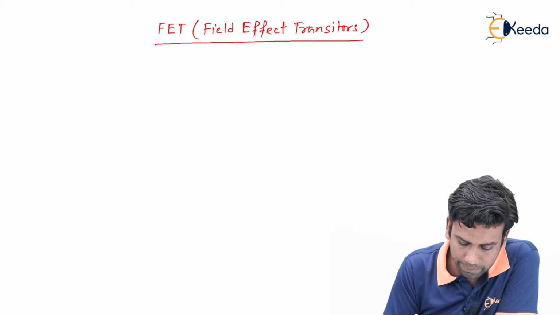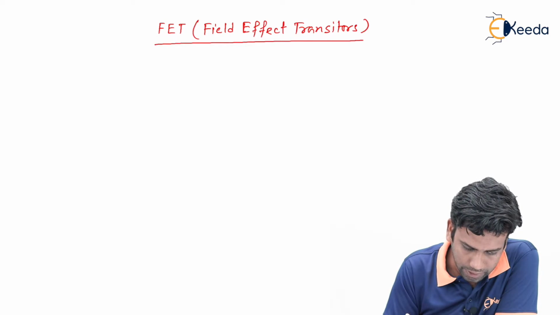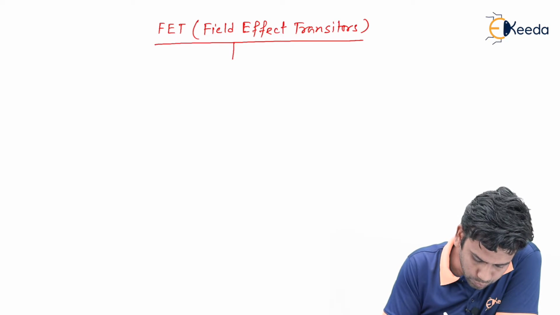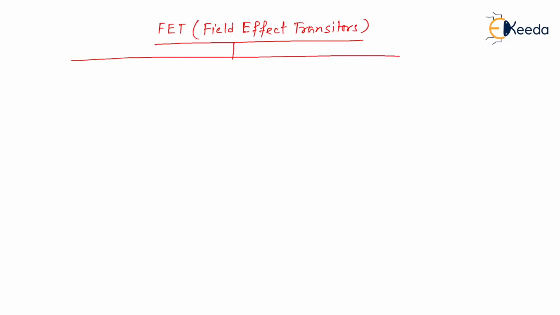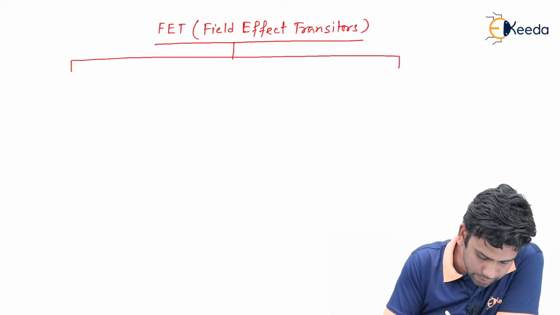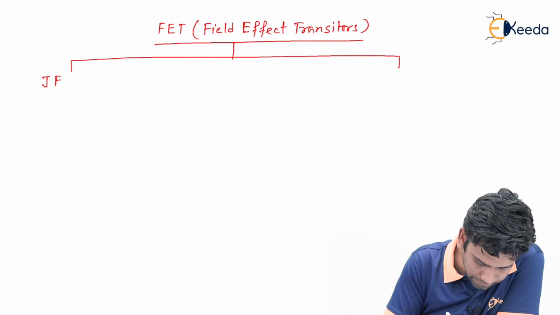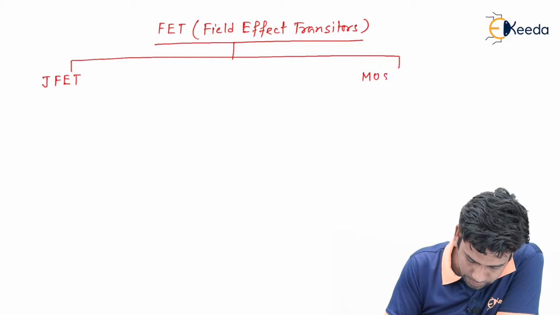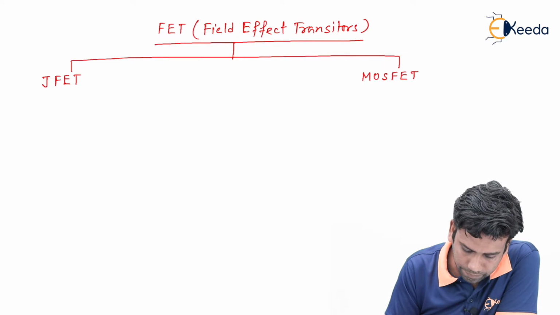That's why they are named field effect transistors. These field effect transistors are of two types. First one is junction field effect transistor and the second one is MOSFET, metal oxide semiconductor field effect transistor.